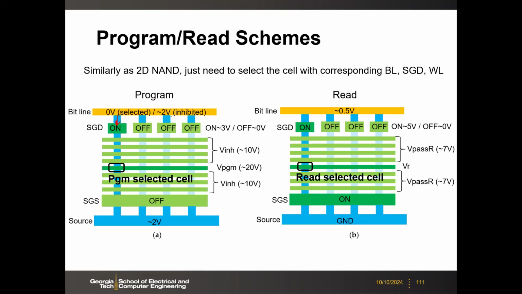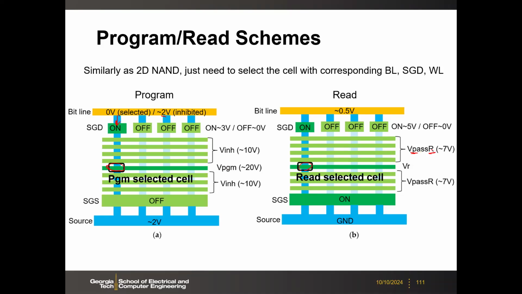And then for other inhibition, for example, you apply 2 volts. This relies on the self-boosting, right? So you play with the timing, and then for the program cell, you apply 20 volts, and then some inhibition, or we pass signal to others. So this will be the same as the 2D NAND. And the read is also the same, right? So you select this one, and then for other cells, you have the V pass R to turn on all the cells, for example, 6 volts or 7 volts.